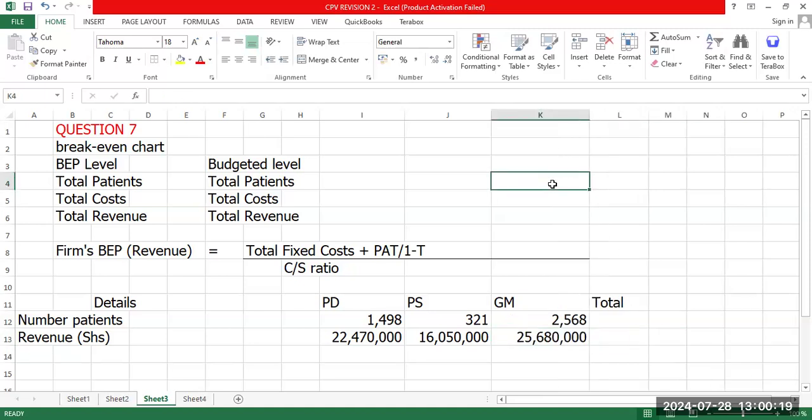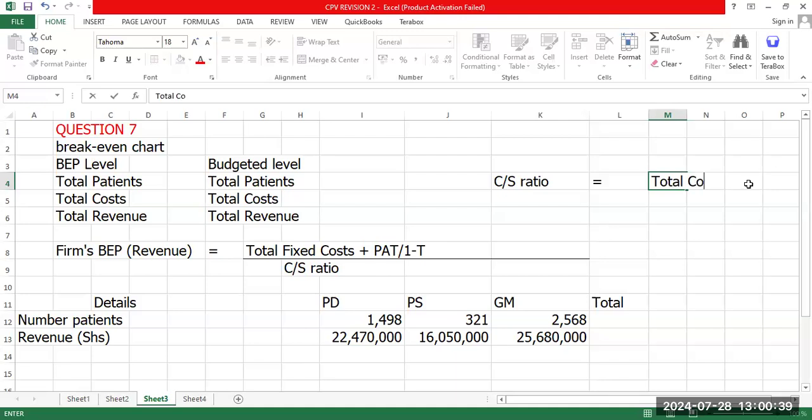Remember to get contribution sales ratio, recall our formula. Do you recall the formula? Who can tell me? Who recalls the formula? Total contribution, then divide by total sales.